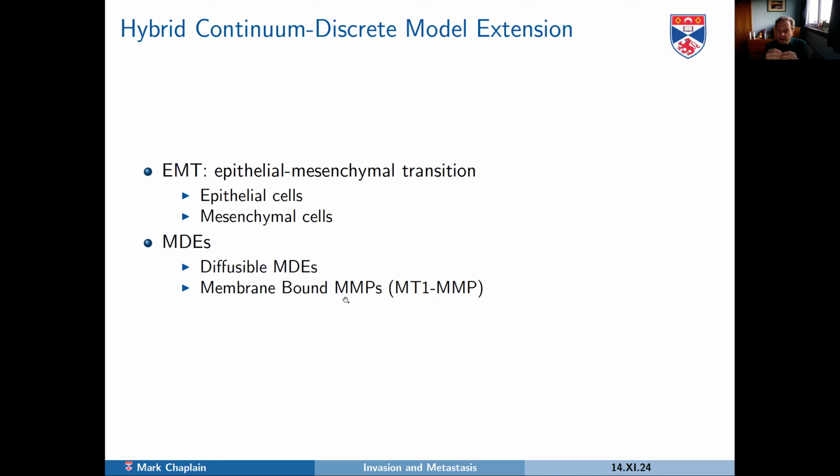So rather than being secreted by the cancer cells and diffusing into the tissue, these membrane-bound enzymes were secreted by the cancer cells, and then they were rebound to receptors on the surface of the cancer cell itself. So as the cancer cell interacted with the matrix, this membrane-bound enzyme degraded the matrix very locally, very close to the cancer cell surface, rather than diffusing and degrading.